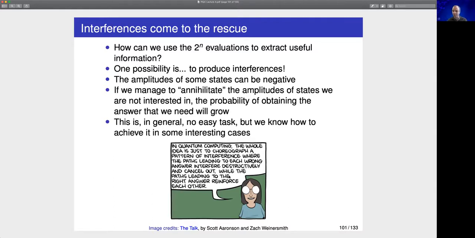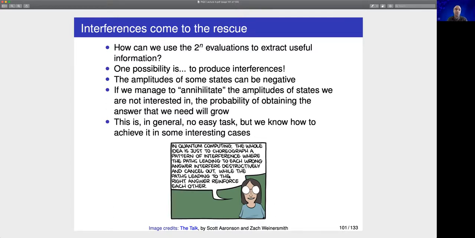In which, in a very funny but also very informative way, they explain how quantum computing is not only about the possibility of doing this quantum parallel evaluation and this superposition, but also, and even more importantly, about the interference that we need to create to somehow annihilate those amplitudes of the answers that are not interesting for our problem, and at the same time to make the probability of the answers that we need to be bigger, okay?